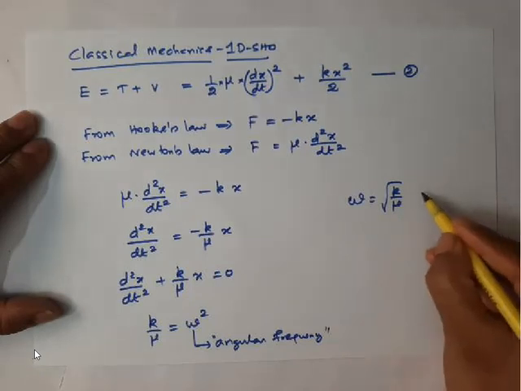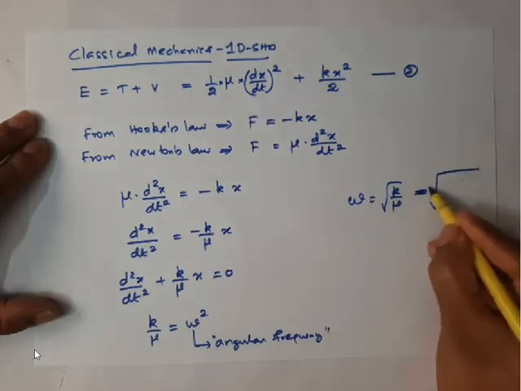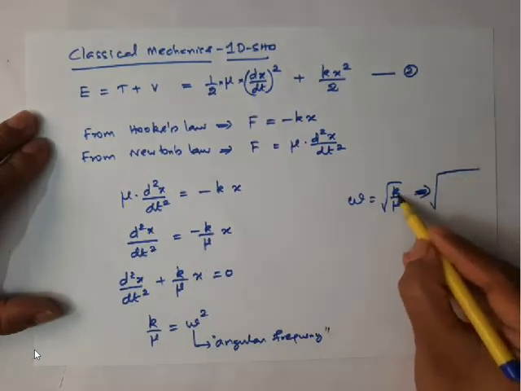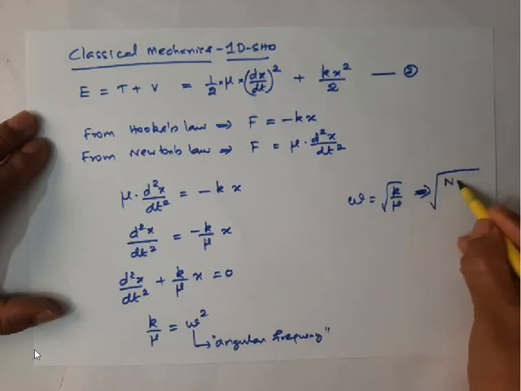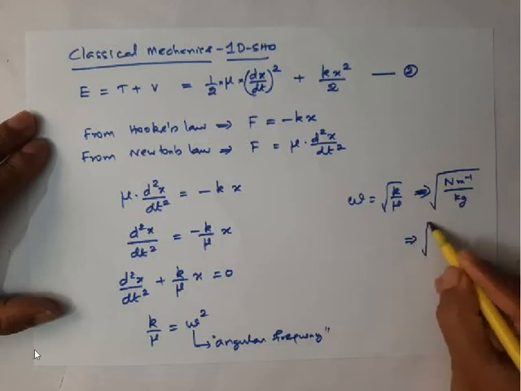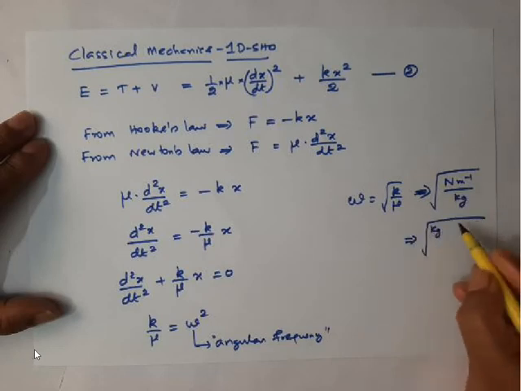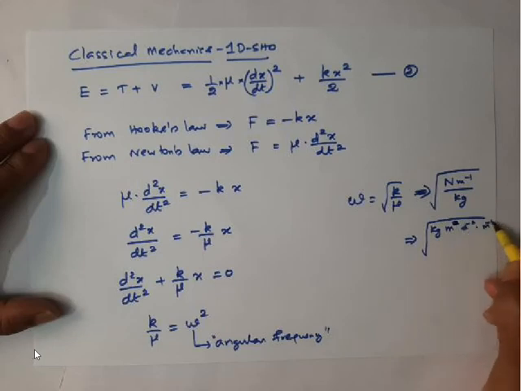Now let me check the units. Root of, I am going to consider unit. Unit of force constant is Newton per meter, and unit of mass is kilogram. And you know very well Newton is nothing but kilogram meter per second square, and we have a meter inverse here divided by kilogram.